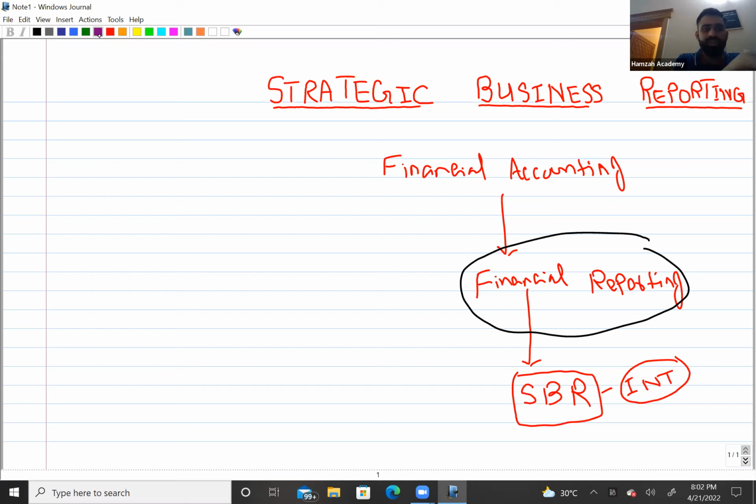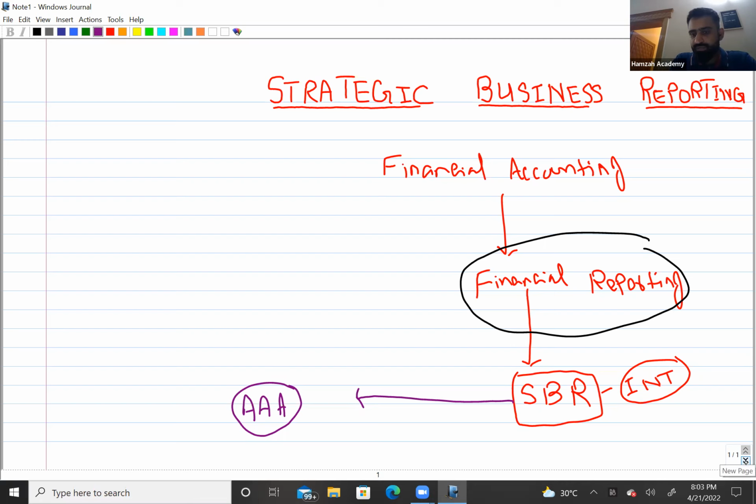And one more thing, this paper is also useful for the AAA paper, Advanced Audit and Assurance, because there are questions and case studies in AAA on the basis of accounting standards. So the knowledge we get at SBR level will be very useful for AAA as well.